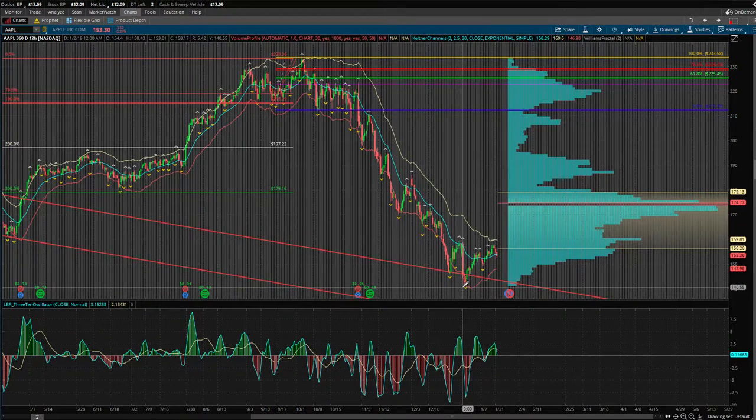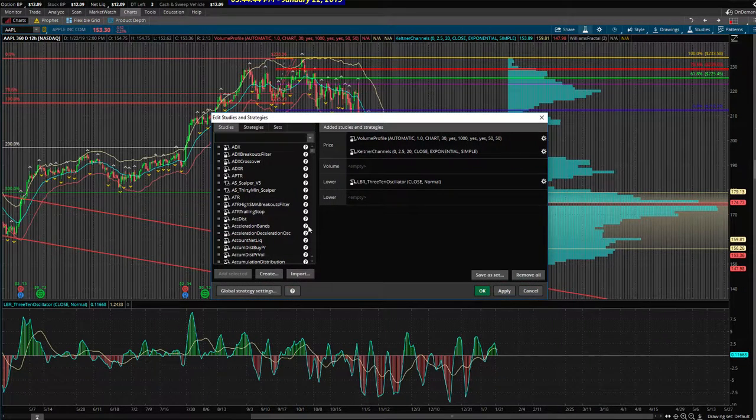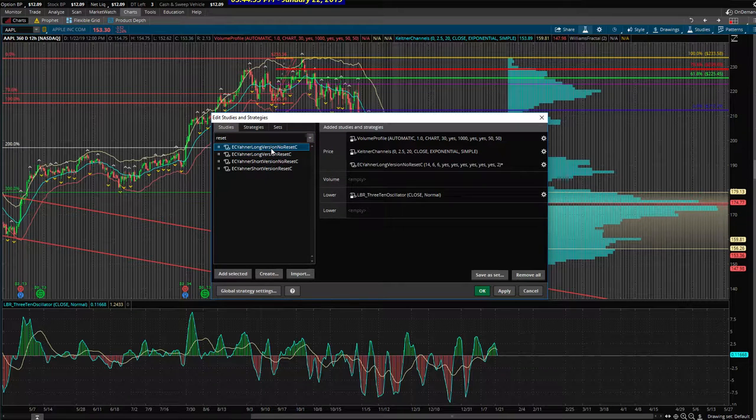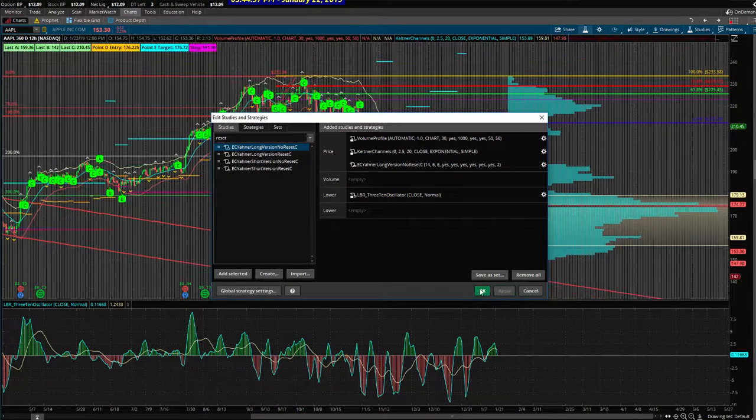So in a long situation, let me just show you something since I'm right here. Reset. The long version with the reset. I'll go with no reset because I don't want to see the reset. And I apply.